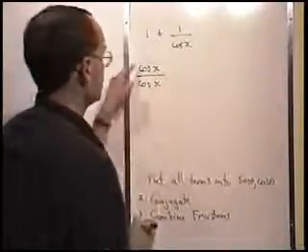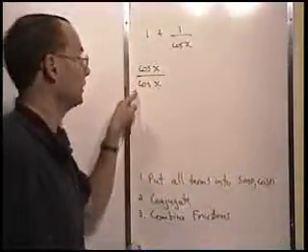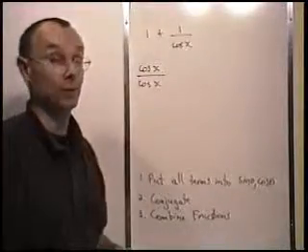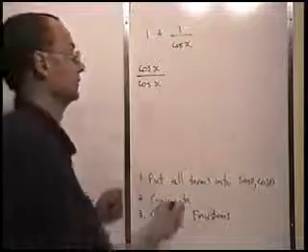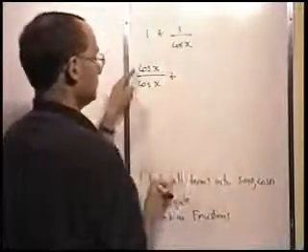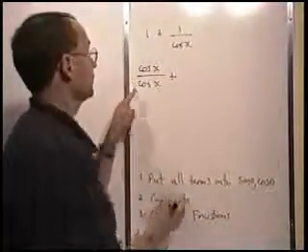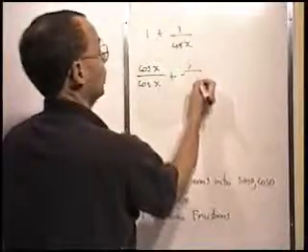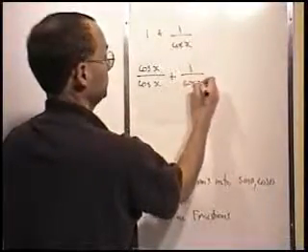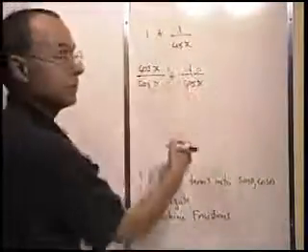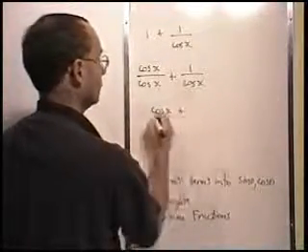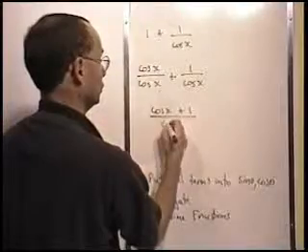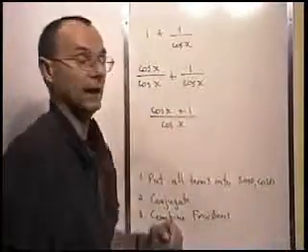Now, anytime you get the same thing on the top and bottom, you've got the number 1, with the exception of 0 over 0, which is undefined. So I've rewritten the number 1, and I still have 1 over cos x over here. Then I could combine them. So my numerator is cos x plus 1, all over cos x.